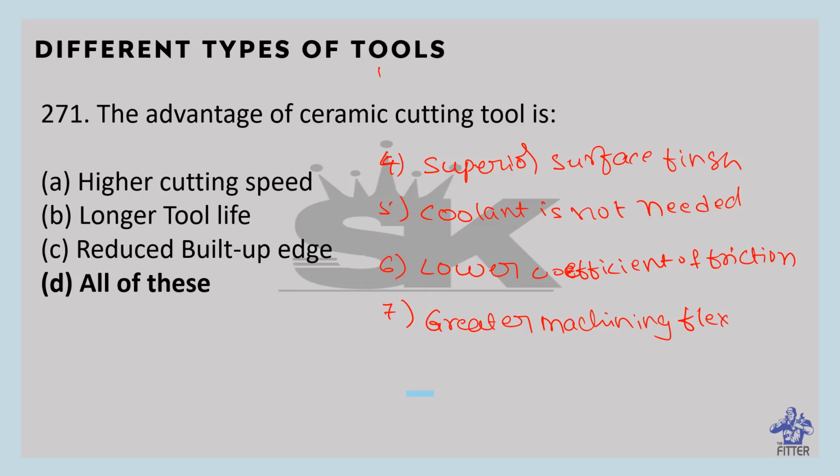And the ceramic cutting tools are used in machining of hard ferrous materials and cast irons. It can be used to machine difficult materials at high cutting speeds.